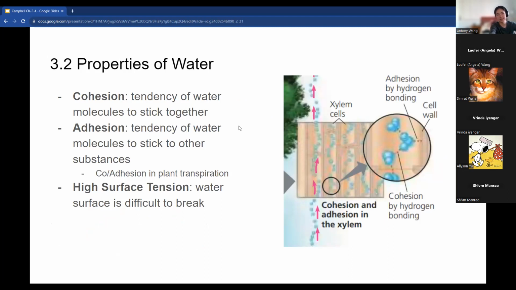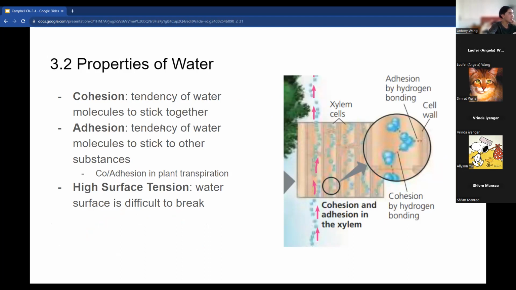One interesting fact is that these hydrogen bonds are so strong that when a chain of water molecules is pulled up from the roots to the leaves of a tree, it has the tensile strength of a strand of steel of the same diameter. So these hydrogen bonds are incredibly strong.